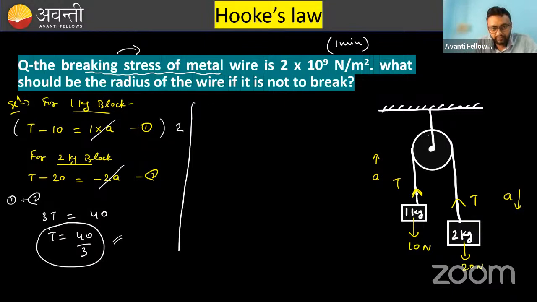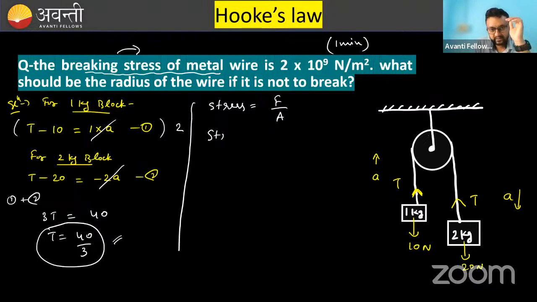So what we know is that stress is equal to force per unit area. Is it clear? For maximum stress, listen to me very carefully. Stress and area are reciprocal.